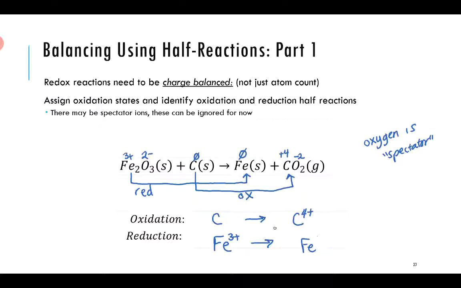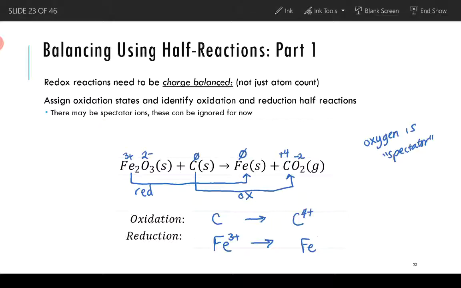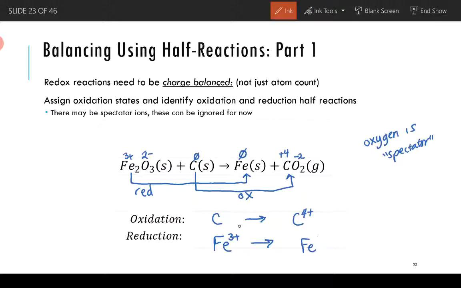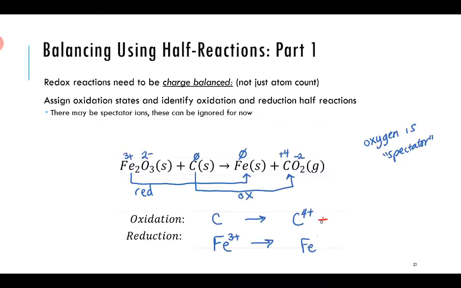All right, the next step is to add electrons. So I'm going to add electrons in a different color for our next step. If we look at this process here, carbon had to go from a 0 to a 4+, and so it had to lose 4 electrons.